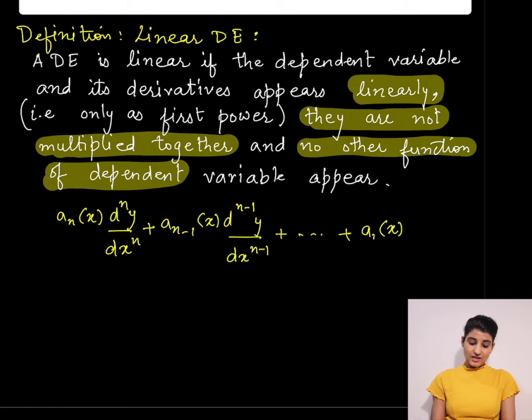We can have any number of derivatives, but the derivatives and the dependent variable are not multiplied together, equal to say f(x).